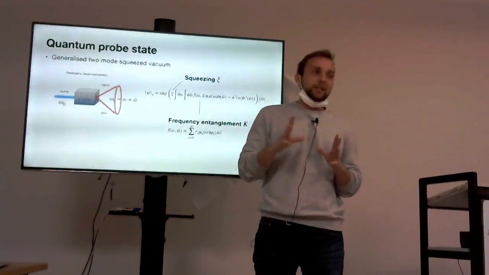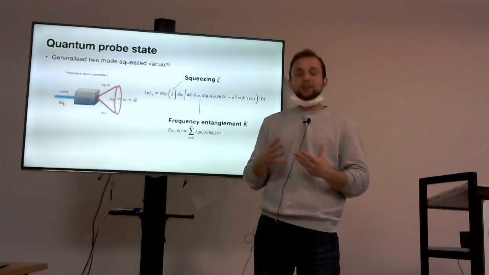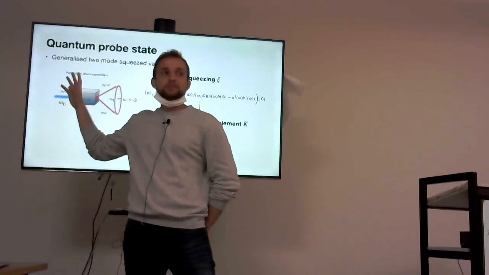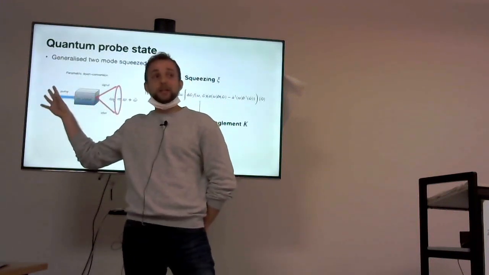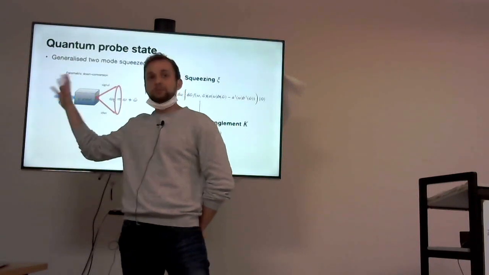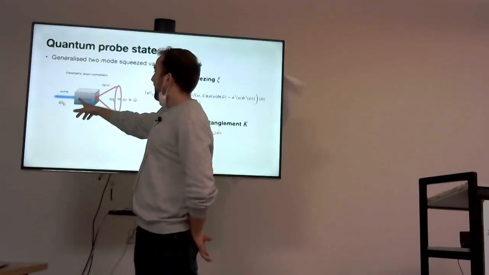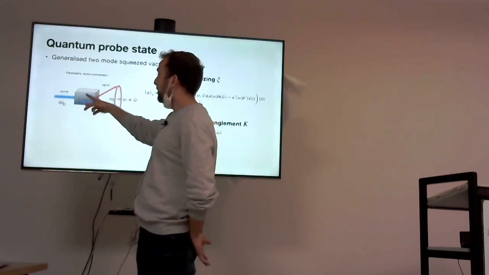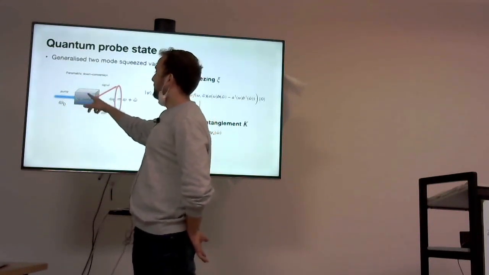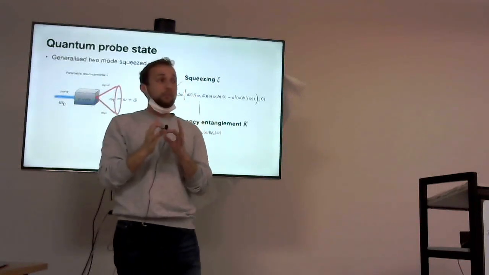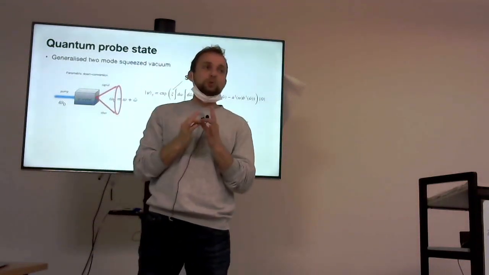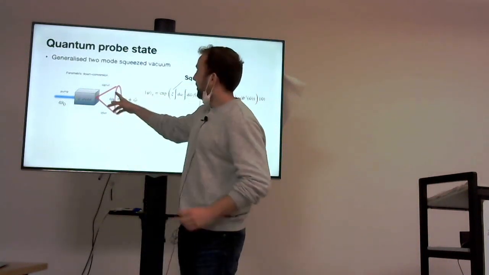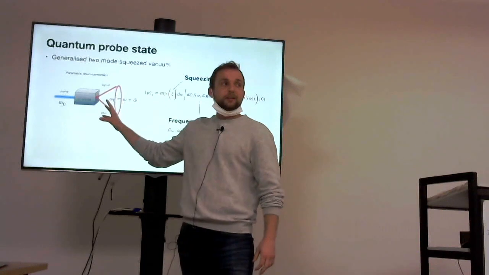Let me tell you how you can create those states. First, we have some pump beam, which is a coherent state, a classical state. This state interacts with a nonlinear medium, and there some of those pump photons decay into two photons, which we call the signal and the idler.